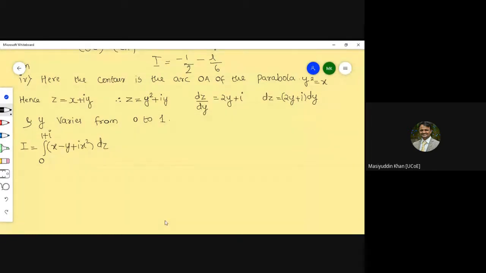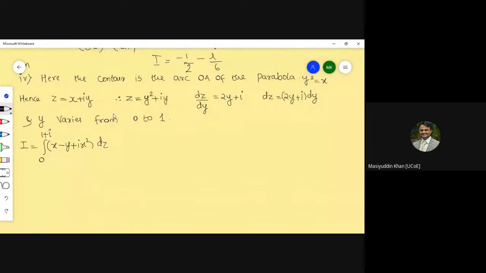Okay, so I is equal to integral 0 to 1 plus i of x minus y plus i x square into dz. Now we have to just substitute and simplify.